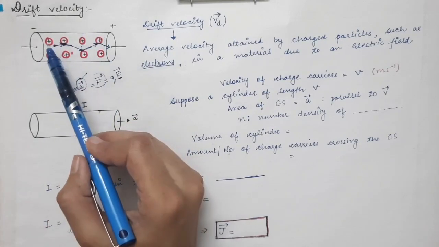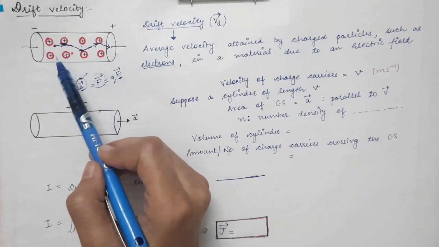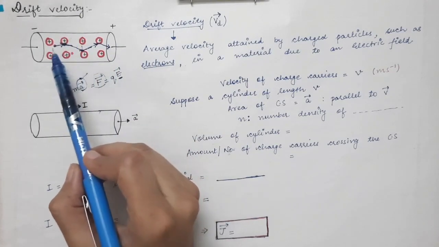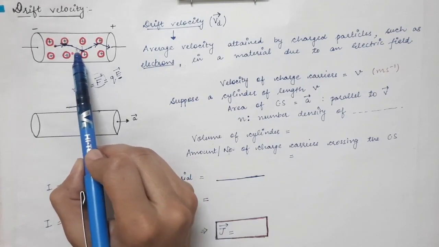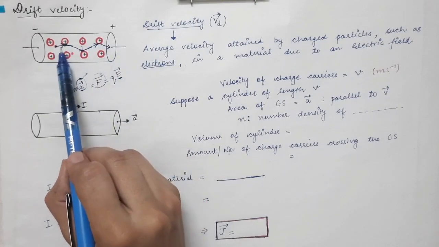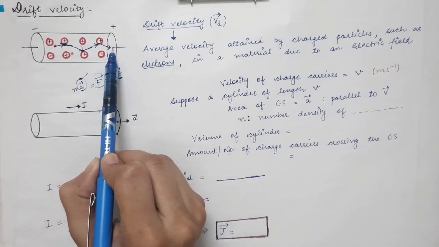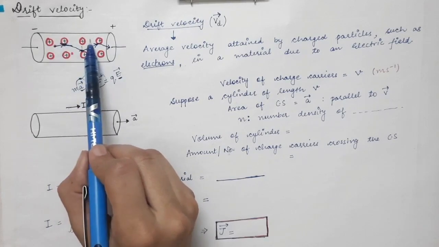So let's consider if these positive ions are not present. If these positive ions are not present, then this free electron will travel a straight path towards the positive end, and its velocity will be increasing infinitely. There will be no collision of this free electron because there are no positive ions present.